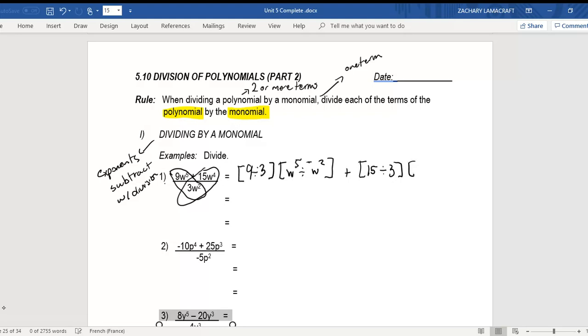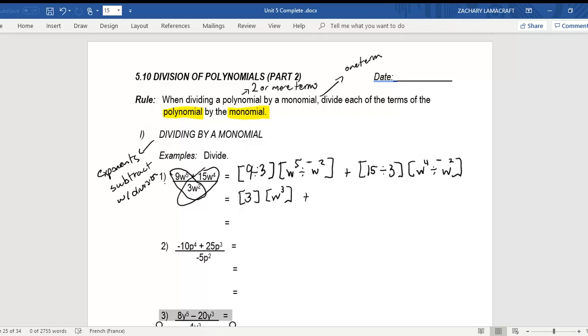And W to the power 4 divided by W to the power of 2. And once again, since it's division, we're just subtracting those exponents. So if we put it all together, we would have 3 in that first bracket because 9 divided by 3 is 3. We would have W to the power of 3 because 5 subtract 2 is 3.